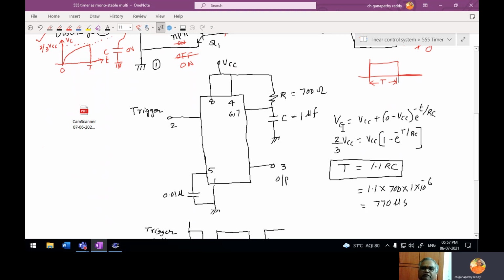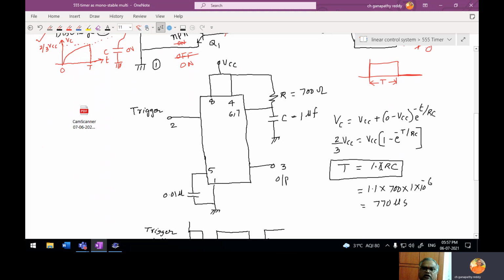This is the expression for the voltage across the capacitor. When the capacitor voltage reaches 2/3 VCC at time t equal to capital T, this is equal to VCC times 1 minus e power minus T by RC. So at t equal to T, this becomes 2/3 VCC. Solve for capital T, and you will get 1.1 RC.